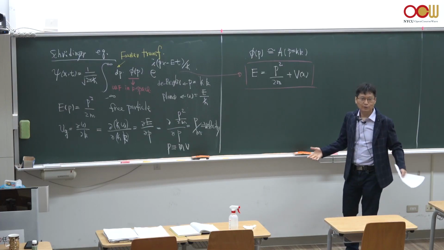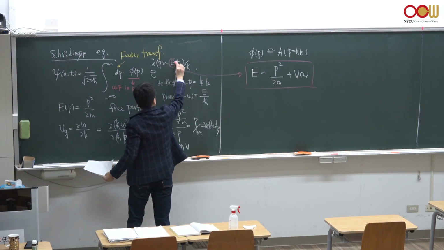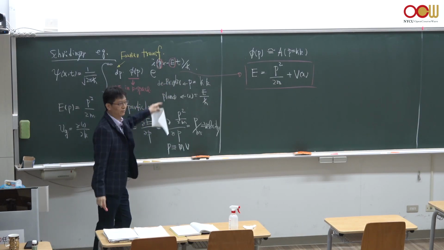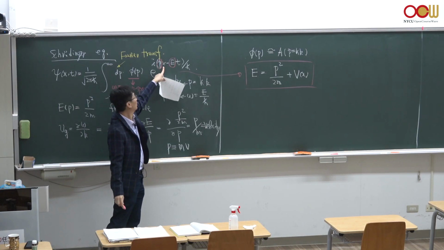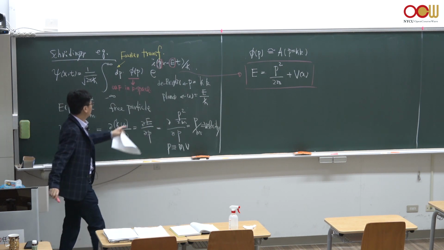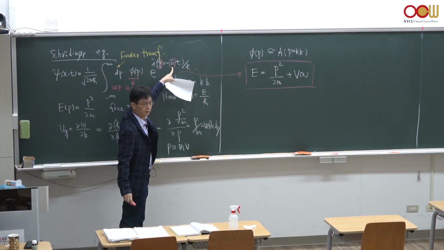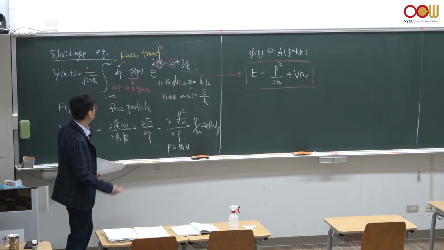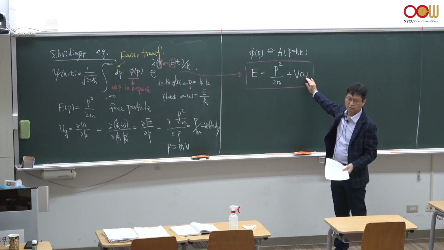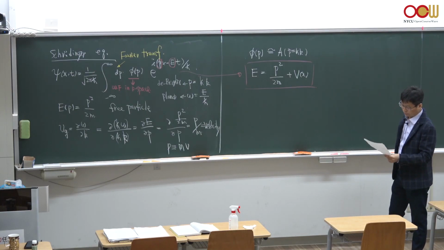However, you don't know whether this will be satisfied, because in this wave packet description, E is right in front of the time, and momentum is in front of the real space variable x. So you don't know their relations. If you simply write down the wave packet, you don't know whether p squared over 2m plus the potential is equal to capital E. But you need to make sure that this wave packet description satisfies this physics requirement, that total energy is given by the kinetic energy plus the potential energy.